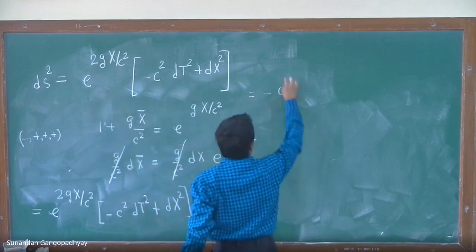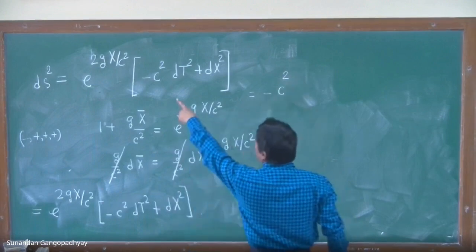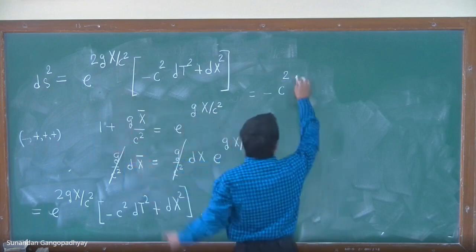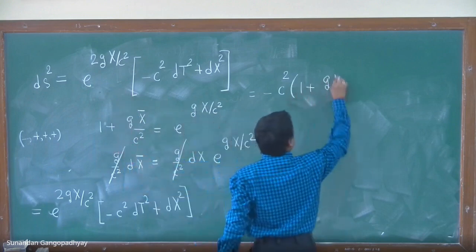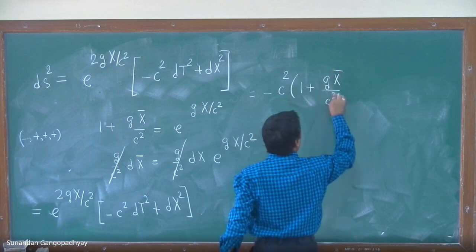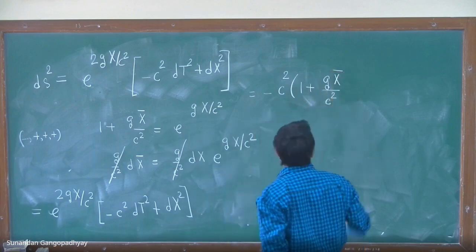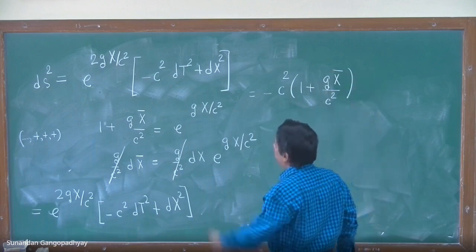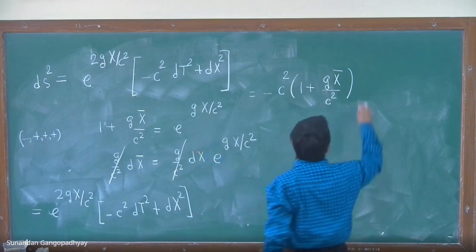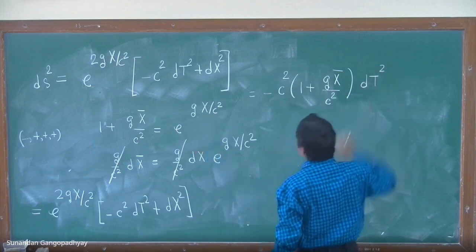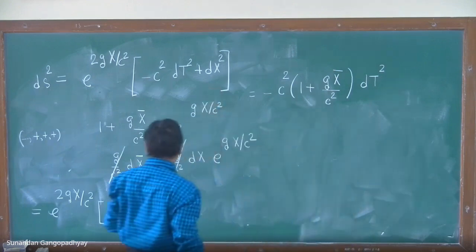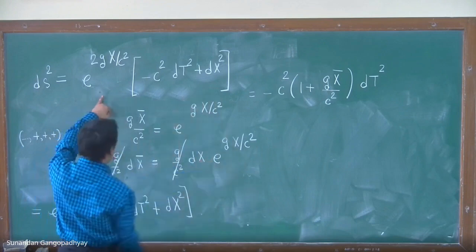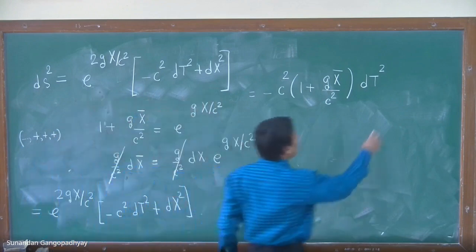So this is minus c square e to the power of that factor multiplied by dt square. But this factor is nothing but this, so I will replace it by 1 plus g x bar by c square, minus c square, this is dt square. That is done. And what we have found out is that dx multiplied by this thing is dx bar.